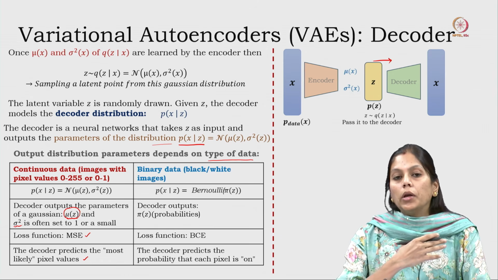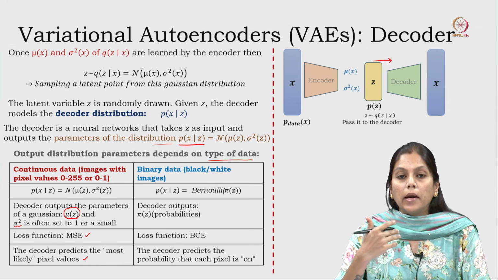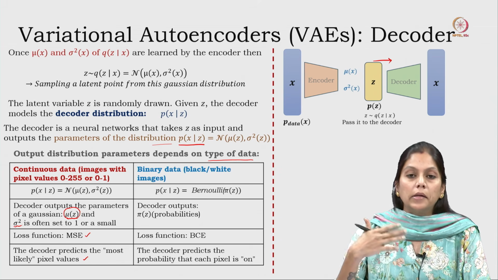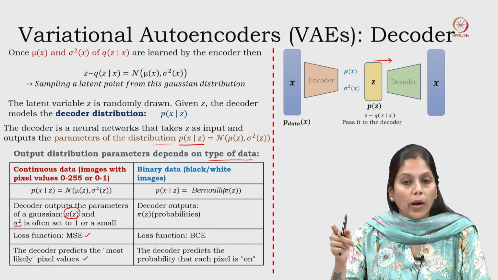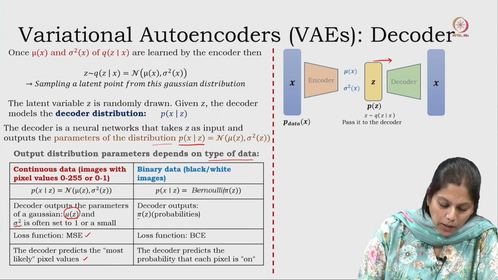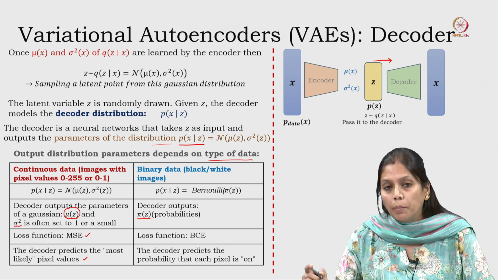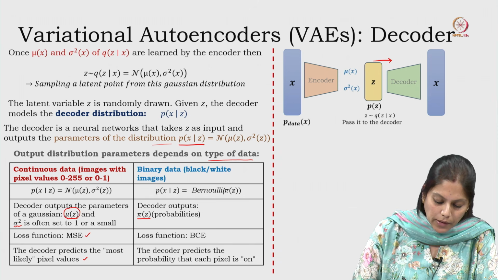Suppose a decoder is constructing binary data, where the data is in terms of 0 and 1, or if it is generating an image where the pixel values are either 0 or 1, then the decoder is going to output a probability. It is going to follow the Bernoulli distribution and output this probability.